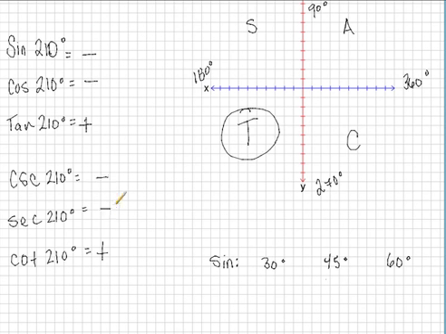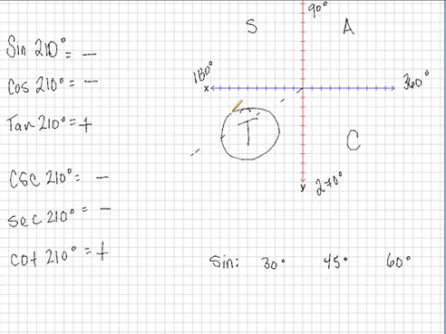So now that we have the sign of our trig functions figured out, we're going to go ahead and figure out the value. To figure out the value, we need to find what's called a reference angle. Meaning, I've got this angle going on down here, but really I want to work with something up in the 1st quadrant because that's what I'm more familiar with. So 210 is probably something like this.